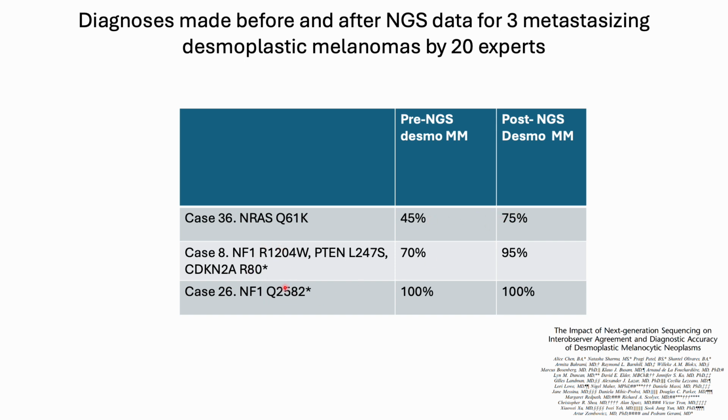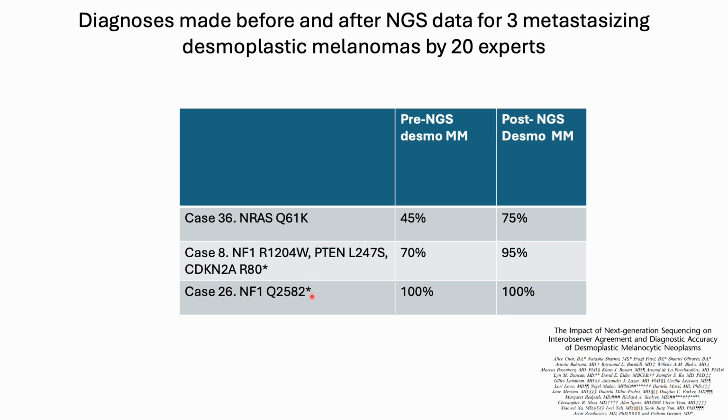And there are two more cases from the study where that's the case. This was a desmoplastic melanoma with an NF1 missense mutation, not a truncating mutation, but other markers of melanoma progression, mutation in PTEN and CDKN2A truncating mutation. 70% prior to having the molecular were able to make a diagnosis of melanoma, up to 90% of desmoplastic melanoma, up to 95% after knowing the molecular information.